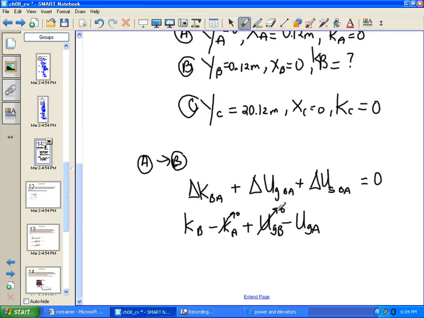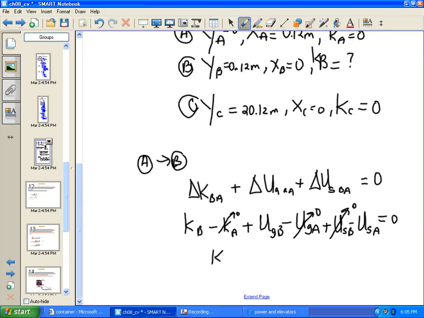Oh, I'm sorry, this one's not 0. Uh-oh, mistake. Let's use our eraser right here and rewrite this, because remember that for U_G sub B, we allow y sub B to equal 0.12 meters, but U_G sub A is certainly equal to 0. Plus U_S sub B minus U_S sub A equals 0, and here U_S sub B will equal 0.